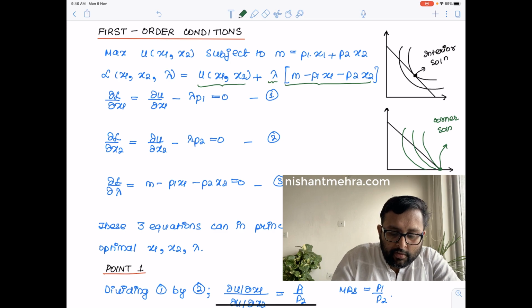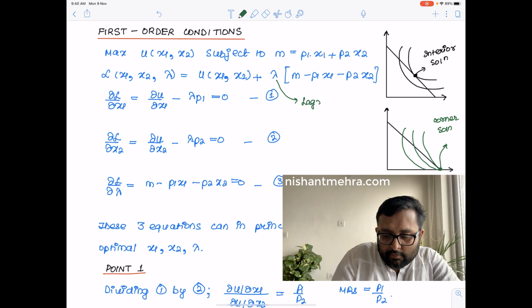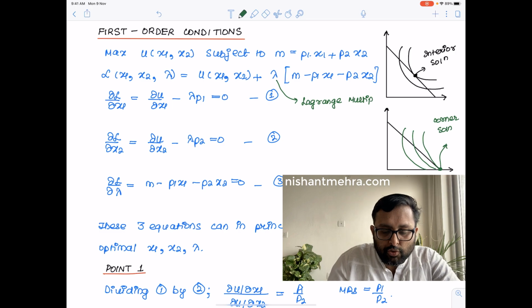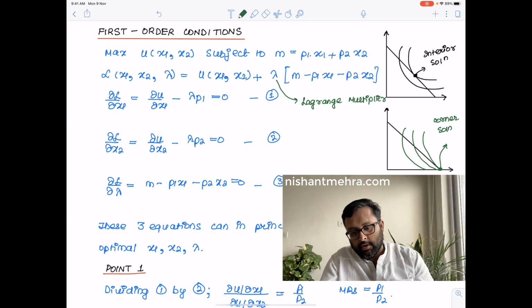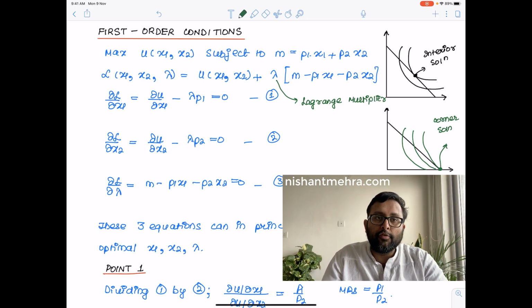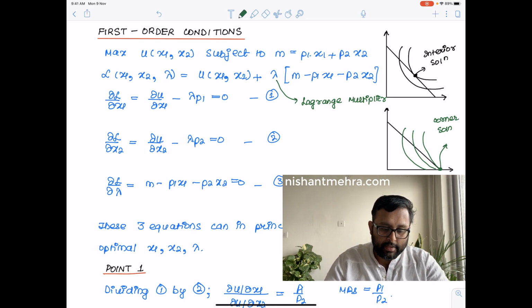This lambda is the Lagrange multiplier. If you're writing plus lambda, then it is m minus p1x1 minus p2x2. If you're writing minus lambda, then it would be p1x1 plus p2x2 minus m, like that.